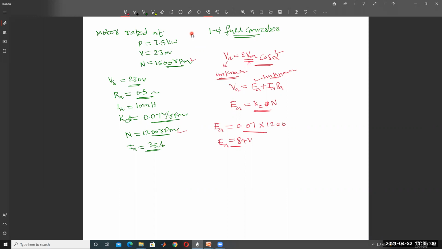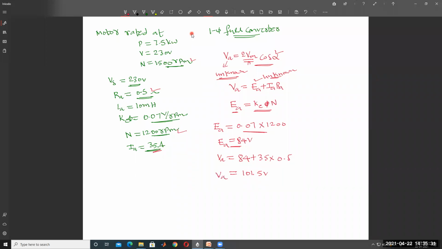Then VA is equal to EA plus IA into RA, which is 84 plus 35 into 0.5, so we will get 101.5 volts.